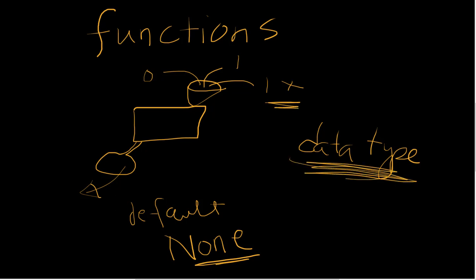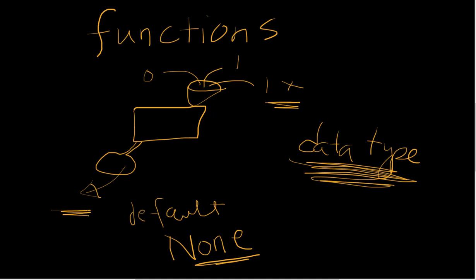Because the function will only work if you give it values that are of the correct data type required by that function. And similarly, we want to know what data type the output is going to be, because you want to be able to use that. So if you're going to get a string output from your function, of course, that will be used differently than a numerical output from your function.